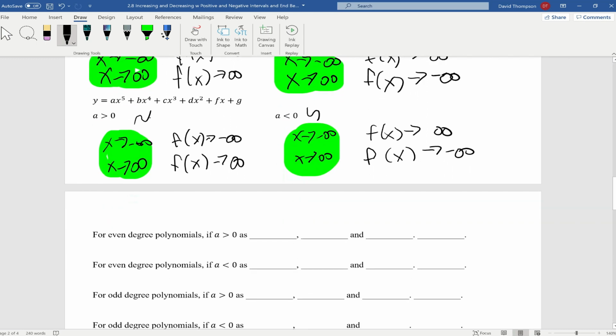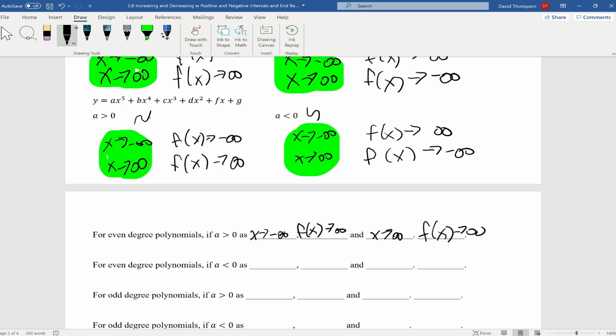For even degree polynomials, if a is greater than 0, as x approaches negative infinity, f of x is going to approach positive infinity. And as x approaches positive infinity, f of x is going to approach positive infinity.